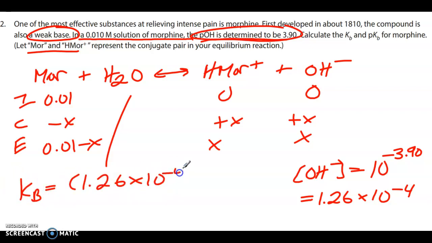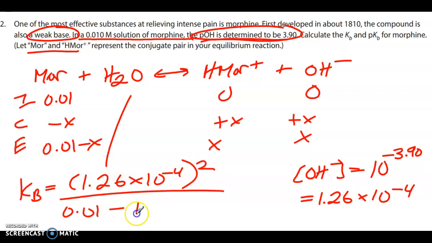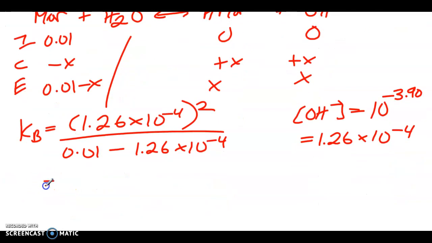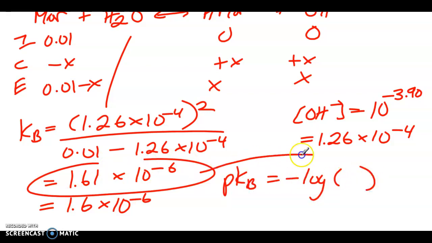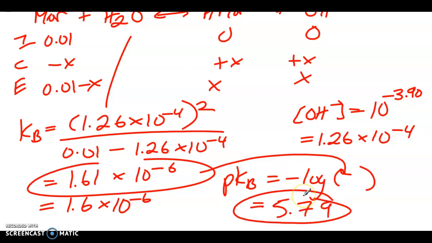So 1.26 times 10 to the negative 4 squared over 0.01 minus that. We end up with a Kb value of 1.61 because we're going to continue with this, but I would say 1.6 times 10 to the negative 6. Then for the pKb, we do the negative log, and this should end up being, to 2 decimals, 5.79.